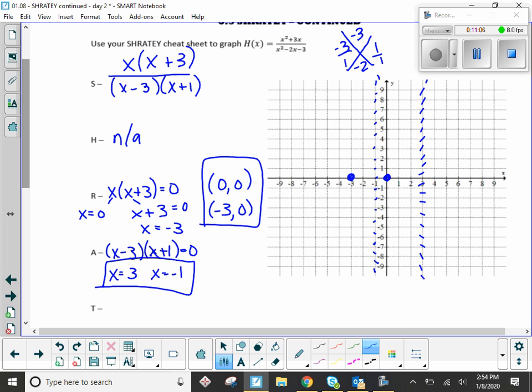The T step is for the tangent together. I'm going to write it a little bit differently than I did yesterday. Yesterday I said, oh, look, on the top nothing is squared. That means they're both not what? What's the T for the top? Tangent. So they're both not tangent. And I just wrote not tangent one time. The truth of the matter is, when you have multiple factors, one might be tangent and the other one not.